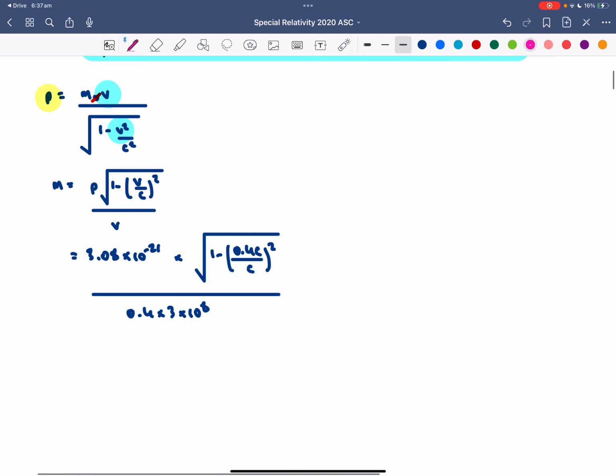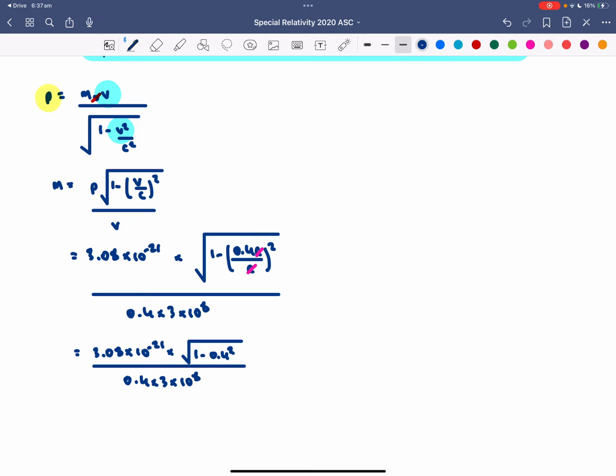Alrighty, obviously in terms of cancelling out, the c and the c cross out, so really what we're putting into our calculator is 3.08 times 10 to the negative 21 times root 1 take 0.4 squared all over 0.4 times 3 times 10 to the 8.